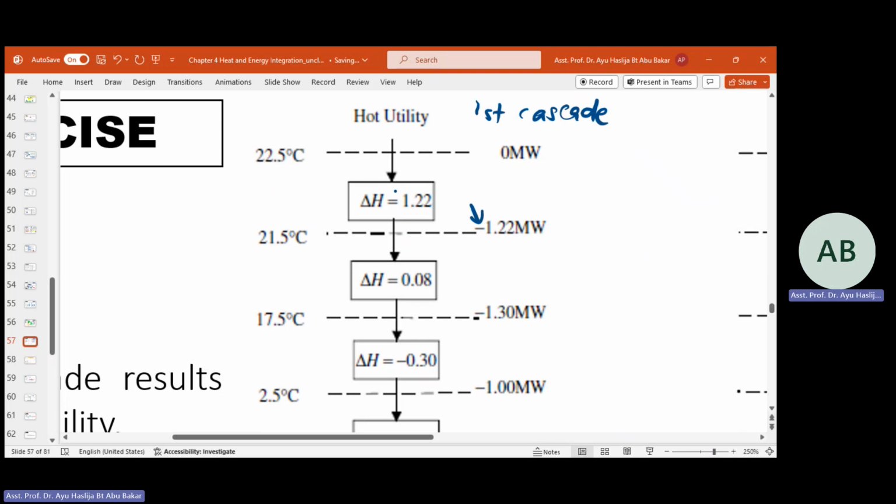Okay, the deficit just now. So you need to supply negative 1.22. That's why the negative sign. Moving downward, the next stream, it still needs 0.08. Okay, so you supply 1.22 just now that you need to supply. Now supply 0.08 more. So equals to this amount.